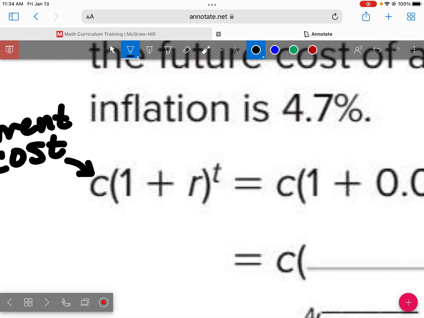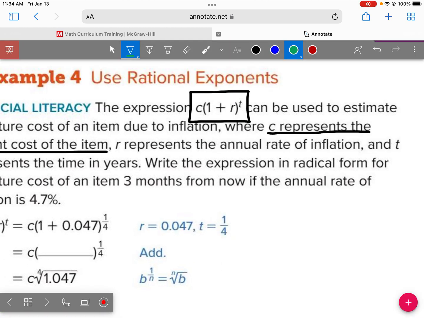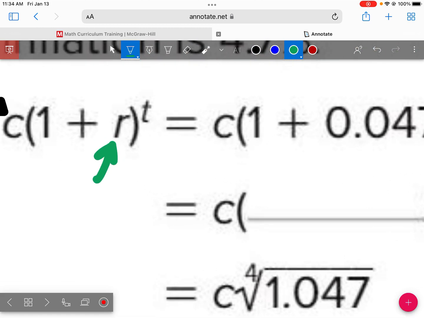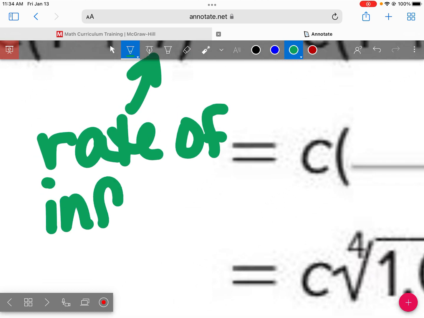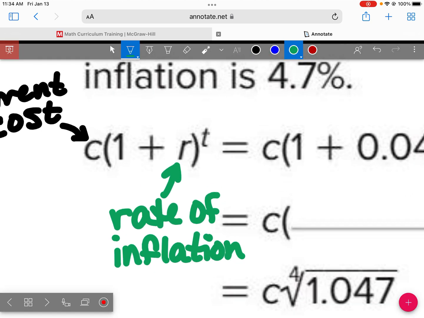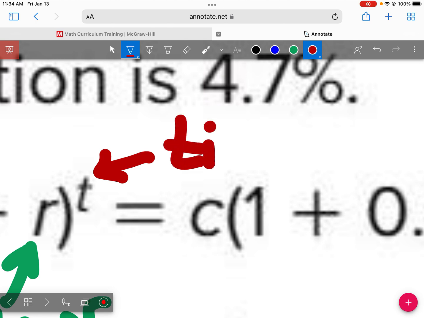What does R represent? Yes. R represents the annual rate of inflation, right there. So this is a rate. What do you guys think the T stands for? Time in years, yes.